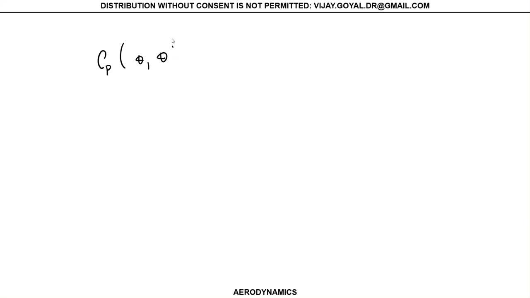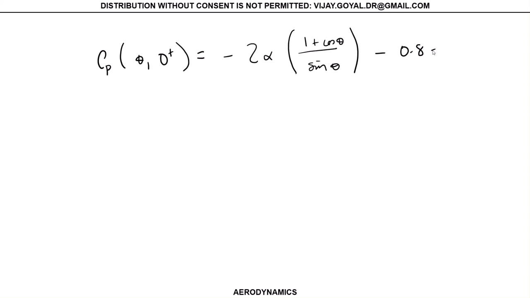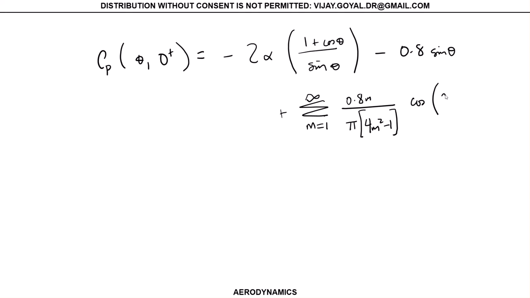At the upper surface it will be minus 2 times alpha, 1 plus cosine theta over sine of theta, minus 0.8 sine of theta, plus, and remember now we changed this to m, and there's no problem because we already ensured that this is actually going to be even every single time, over m squared minus 1, cosine, remember instead of n, I need to put 2m.